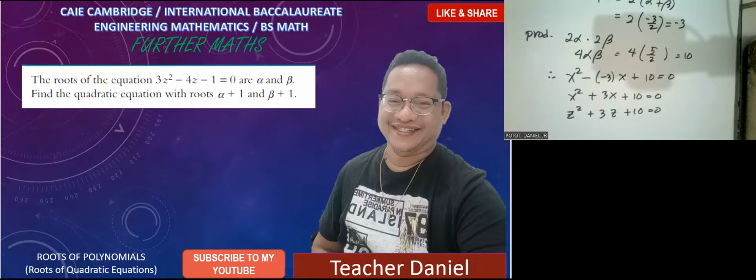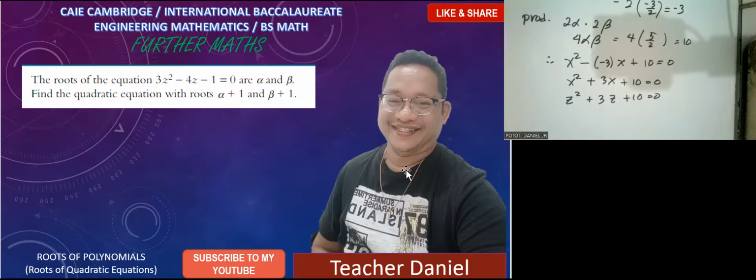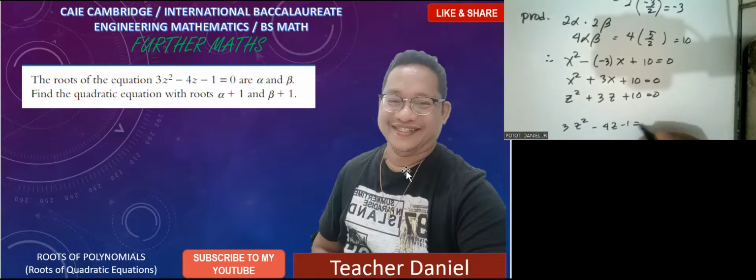All right, the next question is: the roots of these equations are alpha and beta. Find the equation with the roots of alpha plus 1 and beta plus 1. I don't know if I still have time, but anyway, let's just continue. It says 3z squared minus 4z minus 1 equals 0.